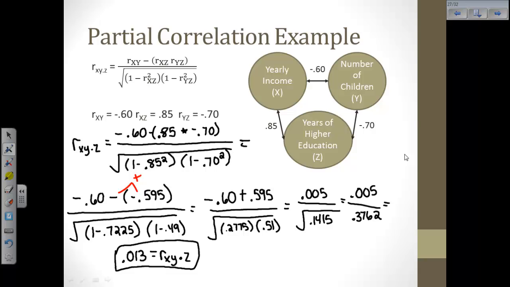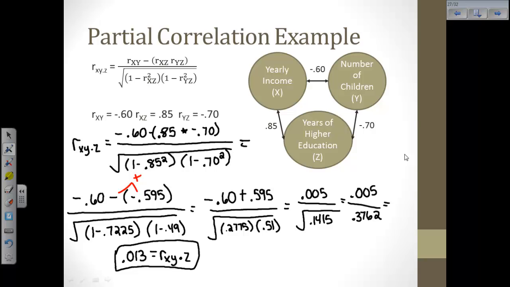So it actually became positive. So it's suggesting that, as your income increases, you tend to actually have more children, but it's such a weak relationship that I wouldn't even go so far as to make that conclusion. I would say there's pretty much no relationship between income and number of children after you control for years of education.